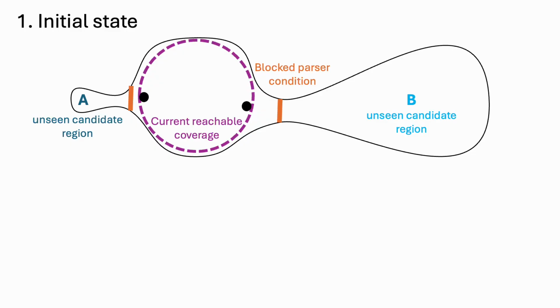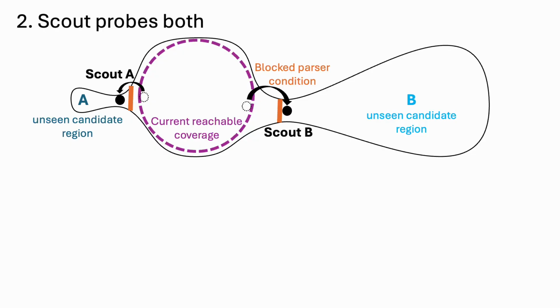So the first part of Scoute and Route is a triage question. Before committing to a real input edit, the fuzzer wants to ask, if I could cross this blocked condition, how much unseen coverage would be behind it? And that's the whole point of the Scoute probe. Here, the Scoute probes both candidate regions.